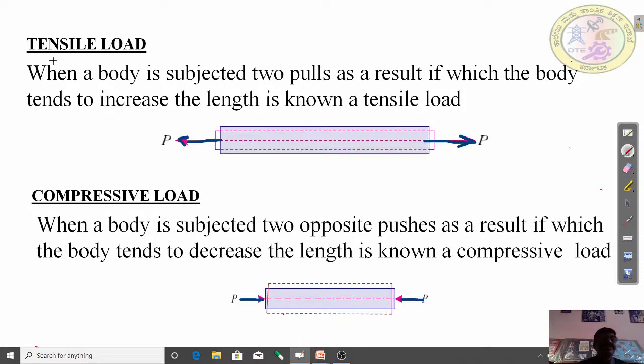The best example for tensile load is when you lift a weight with the help of a crane, the rope experiences a tensile load, and a rope in a tug of war experiences a tensile load. The example of compressive load, a pillar between ceiling and a foundation, is an example of compressive load.